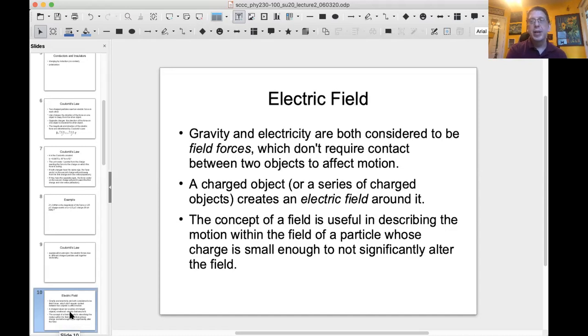One, when the object that's moving within the field is small enough that it's not affecting the overall field. If you think on the big scale, a satellite orbiting the Earth has mass, but it's not going to affect the Earth's gravitational field all that significantly.